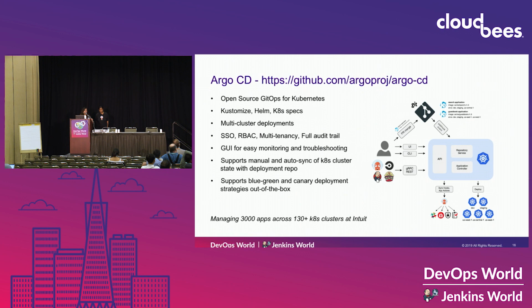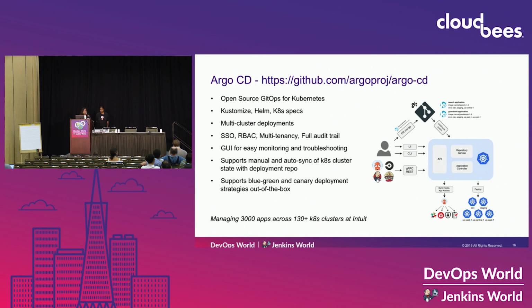So Jenkins, after promoting the image, might tell Argo CD, hey, now you go ahead and sync with the Git. So Jenkins still doesn't have access to repos or clusters. Jenkins just tells Argo CD, now you access. So again, it can do either autosync or manual sync. Also, we have controllers to do blue-green and canary deployment out of the box on Kubernetes.